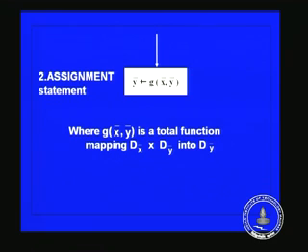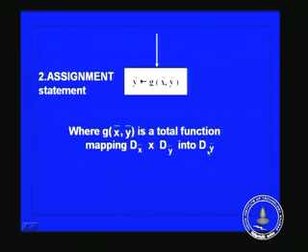Then you have the assignment statement: y bar is assigned g of x bar, y bar, where g is a total function mapping Dx bar cross Dy bar into Dy bar.